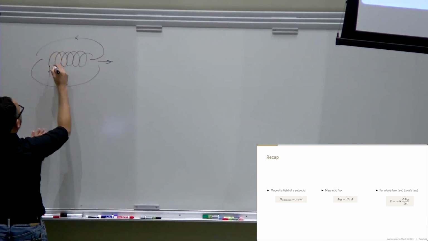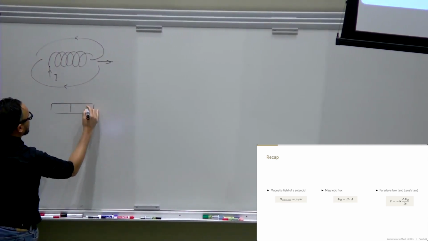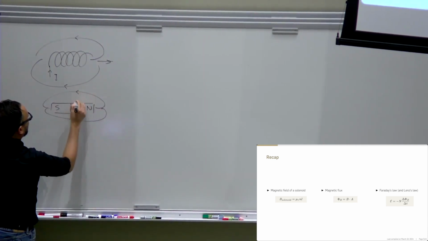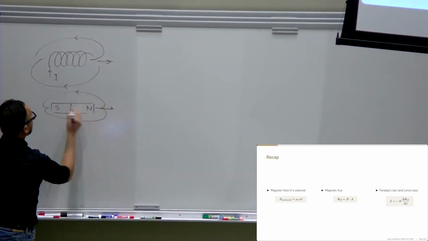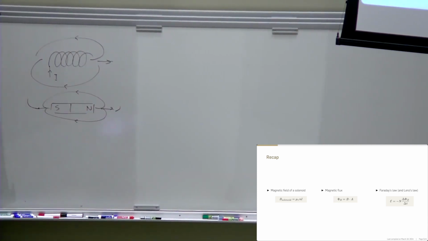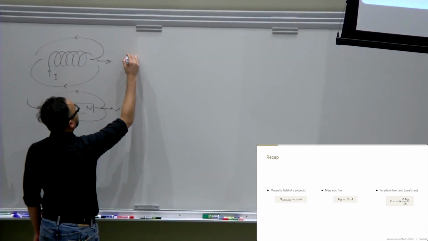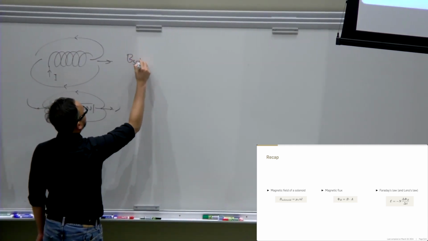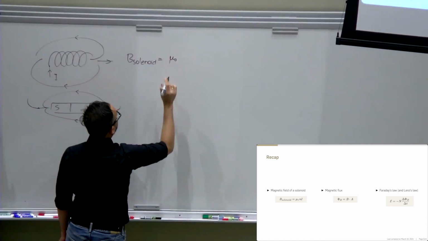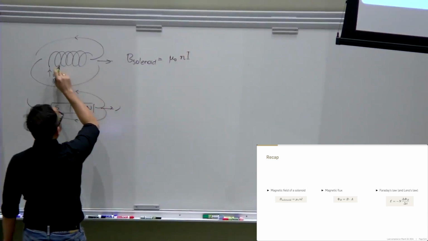Basically, this acts as if it is a bar magnet if you flow electric currents. Okay. So that's one. And then the magnitude of the magnetic field is, you don't have to memorize this, but it's mu naught times N times I, where I is the current.